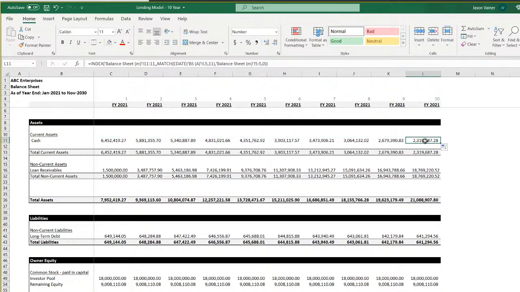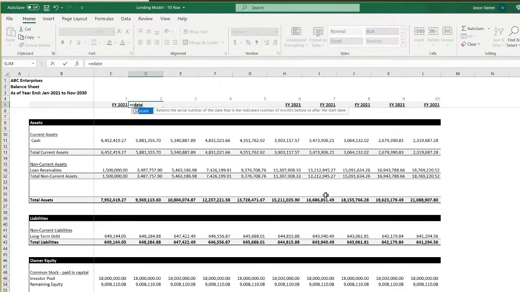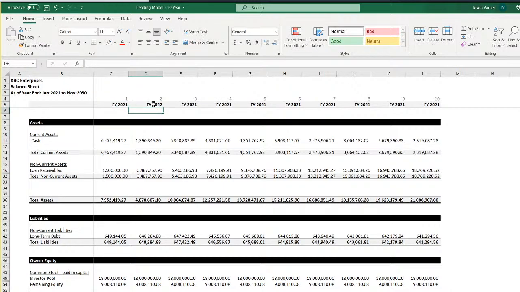Now, hold on. This equals E-date this, comma 12.